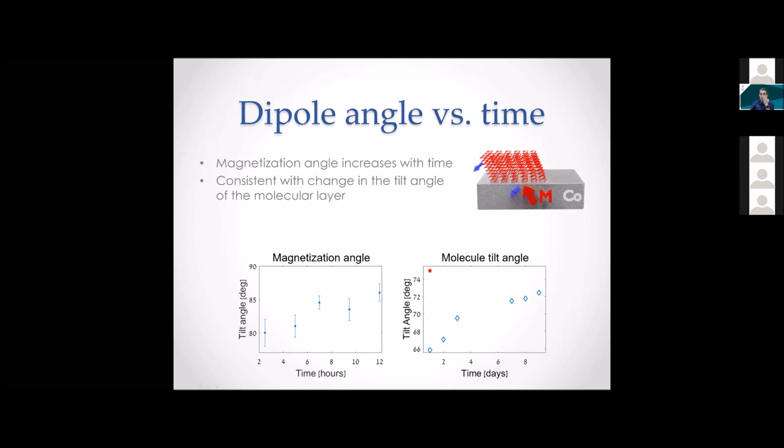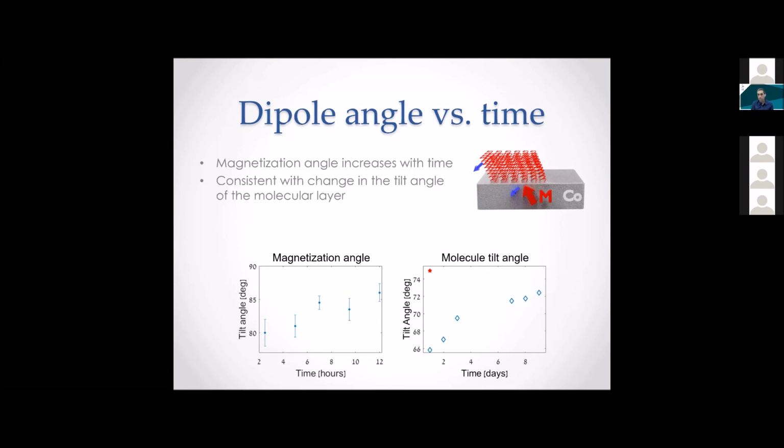So essentially, this change in the stray field that we're seeing corresponds to the fact that as a function of time, these molecules are essentially falling down. They're essentially becoming almost parallel to the surface of the sample.